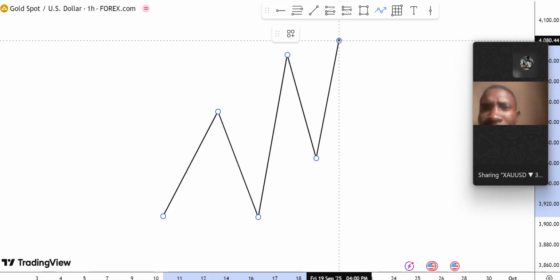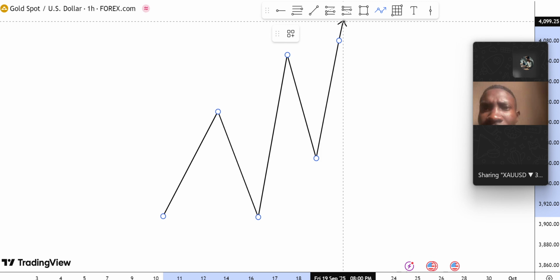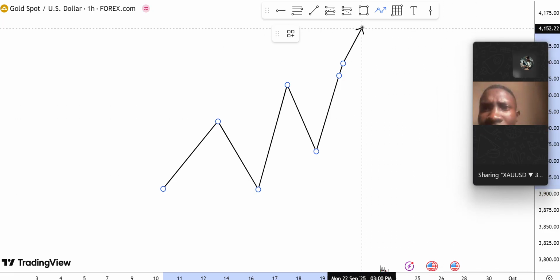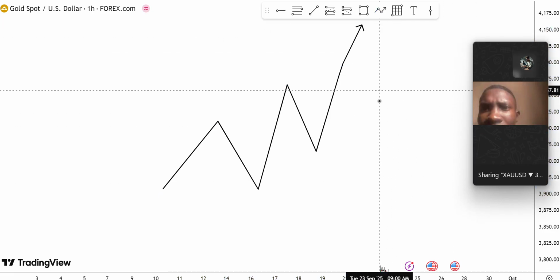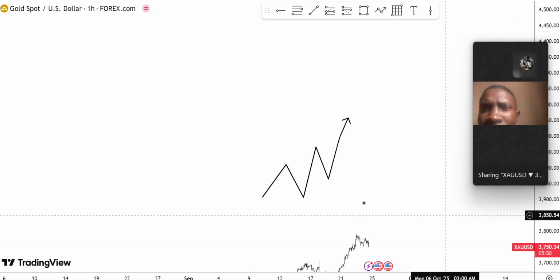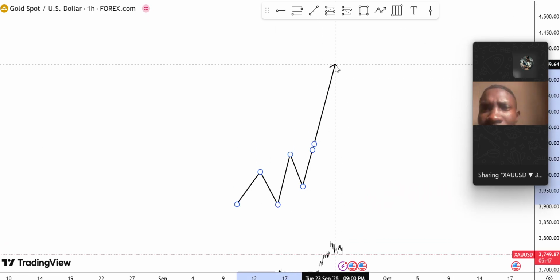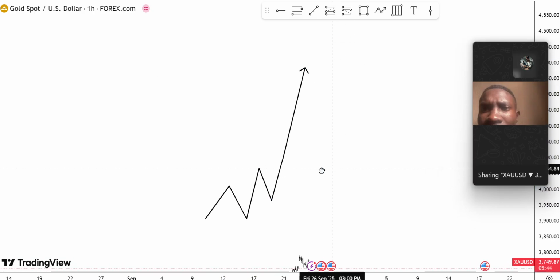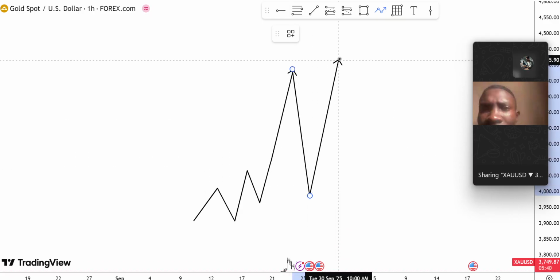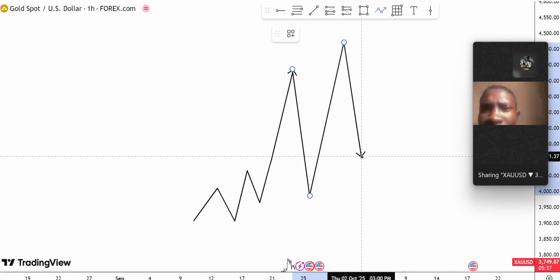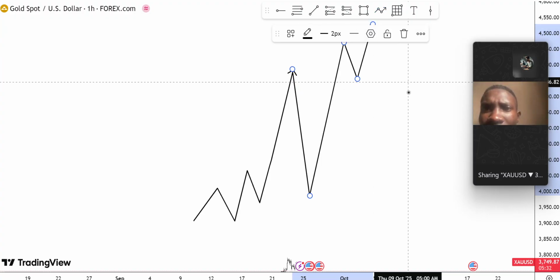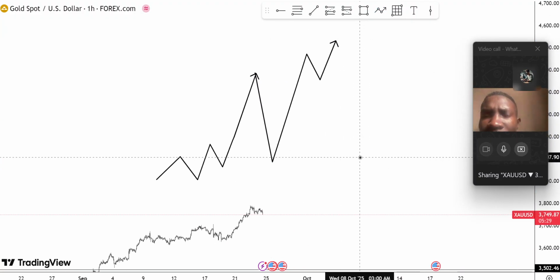If price just keeps on going up and up and up without coming back to retest anything, it's not coming back to pull back, it's not coming back to do something like this to continue, then in all probability there's an imbalance.